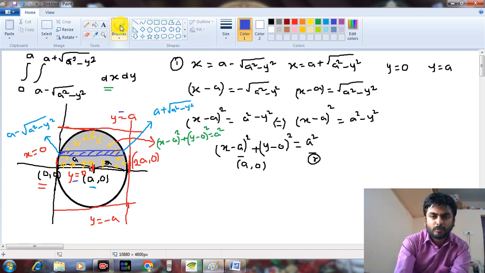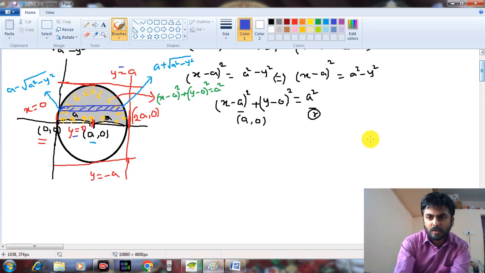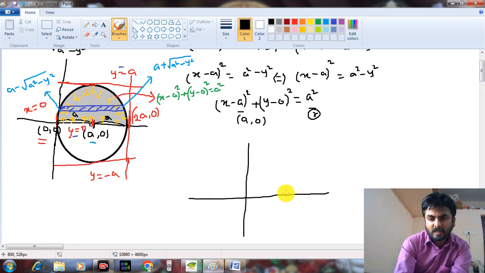If suppose I want to change the order, then what can I do? I have to change the internal strips also. So for that I am taking another diagram. Nothing will change, only the strips and the limits will change, the diagram will not change.